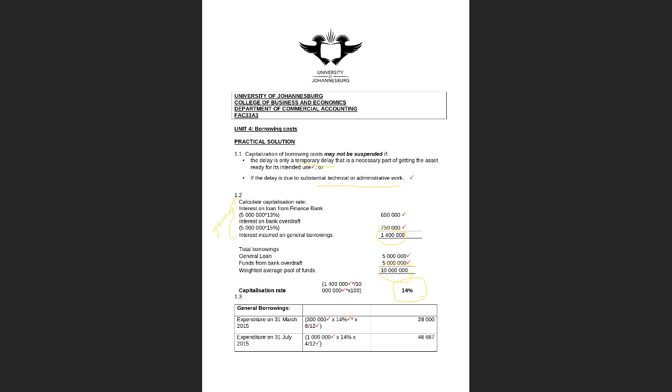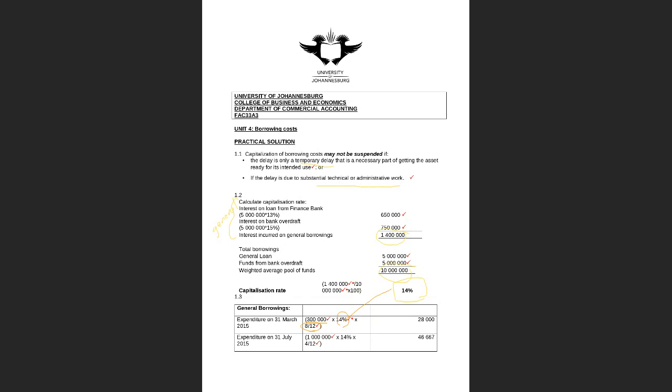Okay, then 1.3 is to calculate how much interest should be capitalized. We started off with the general borrowings, where we had our timeline and looked at the expenditure. The first payment was the 300,000. Multiply that by the capitalization rate which we calculated, and then by 8/12, which was from the 31st of March until the 1st of December, and that's how we got 8 months.